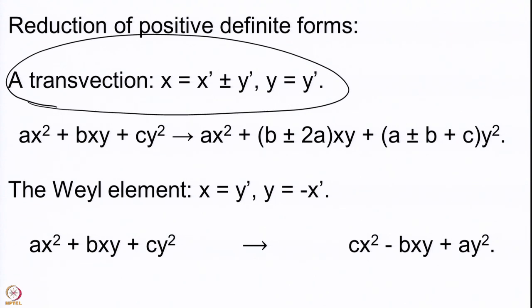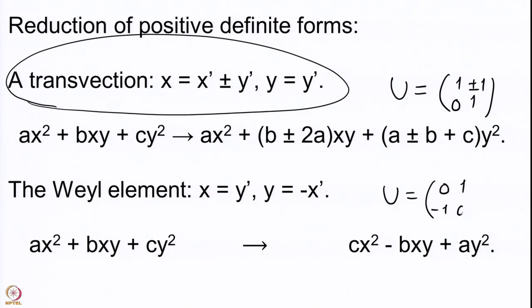This is represented by the matrix whose diagonal entries are 1, upper diagonal entry can be plus or minus 1, and the lower diagonal entry is 0. And the Weyl element is represented by the matrix 0, 1, minus 1, 0.